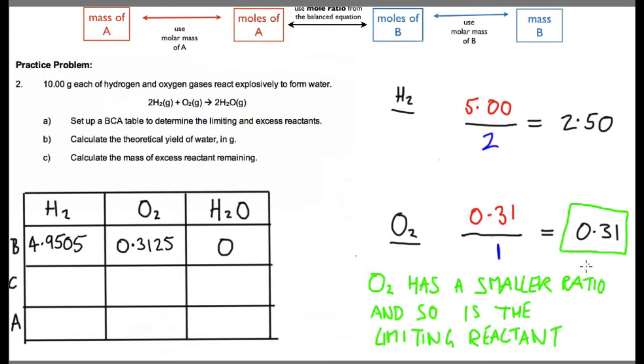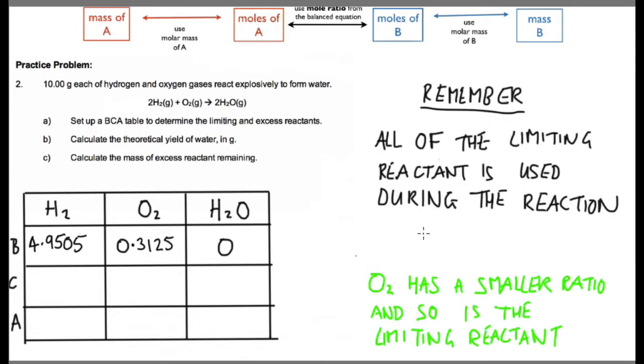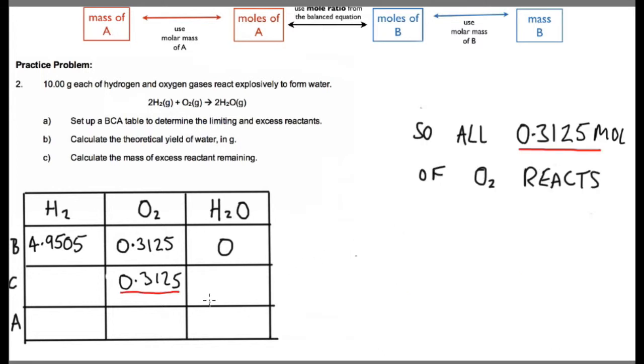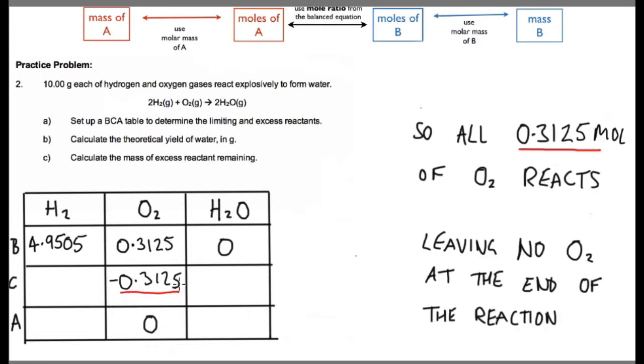And we can see oxygen has a smaller ratio, and so is the limiting reactant. Remember, all of the limiting reactant is used during the reaction, and so all 0.3125 moles of oxygen reacts, and so we would have no oxygen remaining at the end.